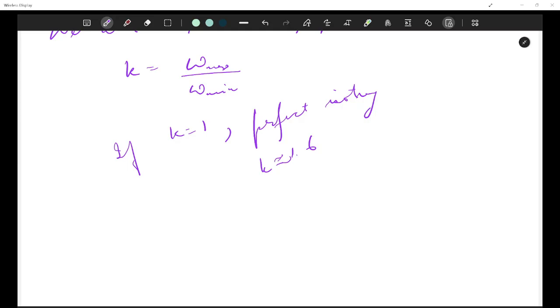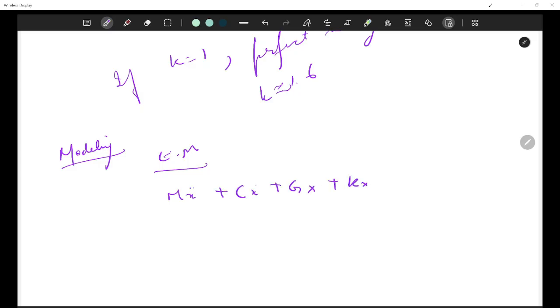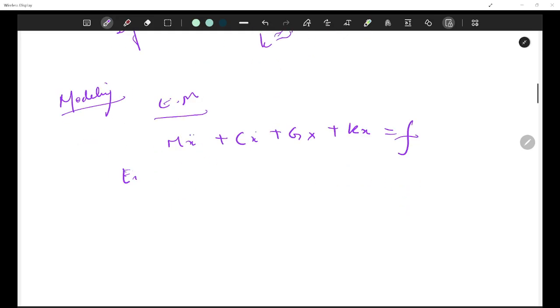After that, what is left? For modeling, we saw the equation of motion, and it was M x double dot, in simple robotics equation, plus Kx equal to F, and this is the eigenvalue problem you might have seen in the lecture.